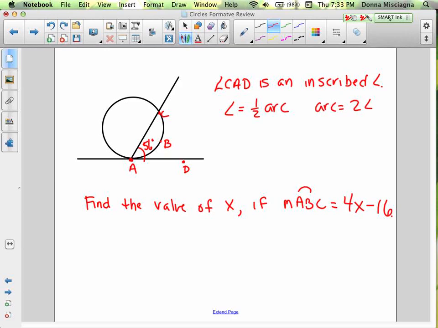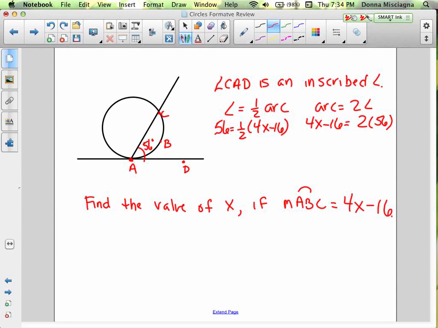We could solve it this way. We could say 4x minus 16 equals 56 times 2. Or we could set it up as 56 equals 1/2 of 4x minus 16.